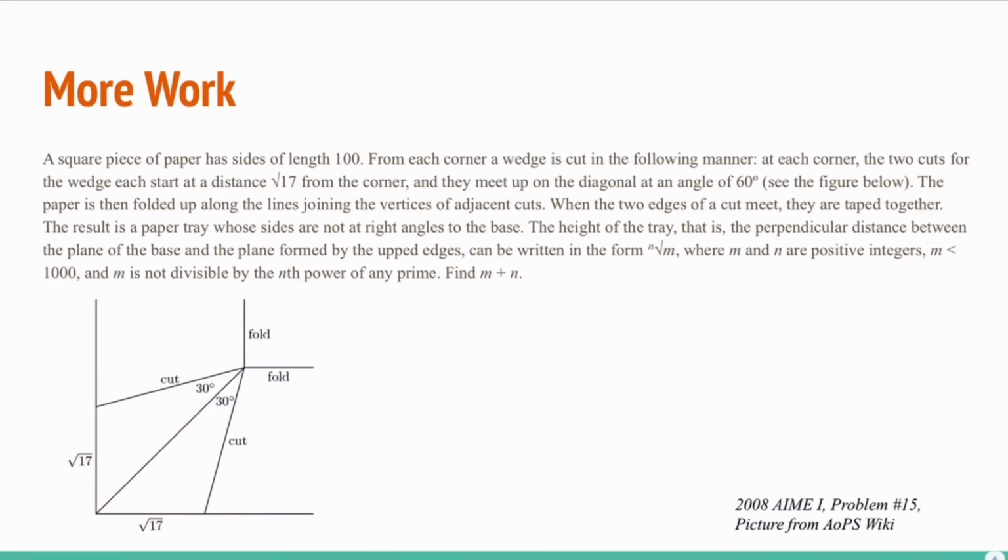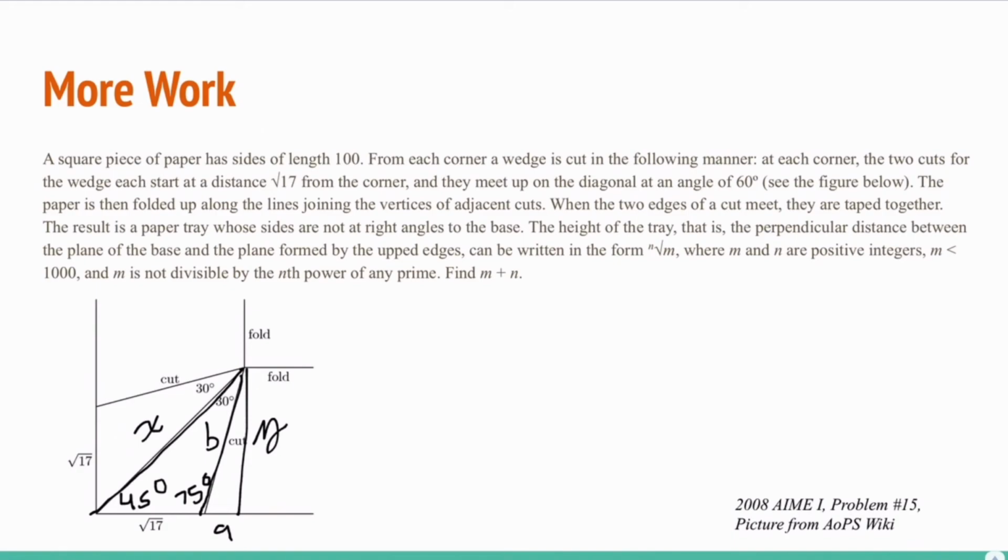By symmetry, we have that this angle is 45 degrees. And so this angle is 75 degrees. Now, let's say this value is x, this value is y, this value is a, this value is b.